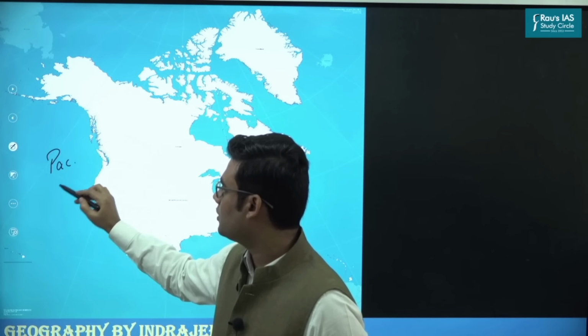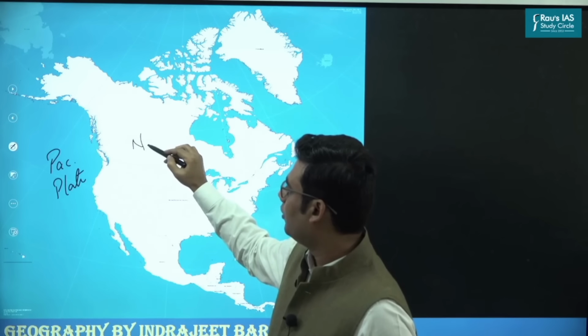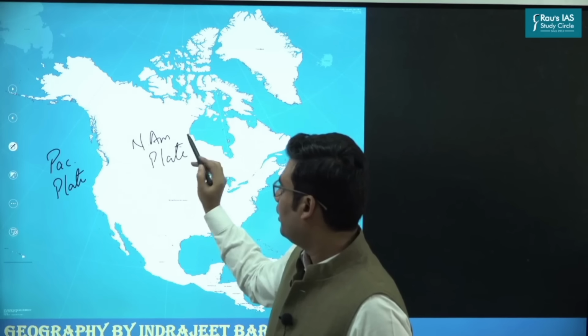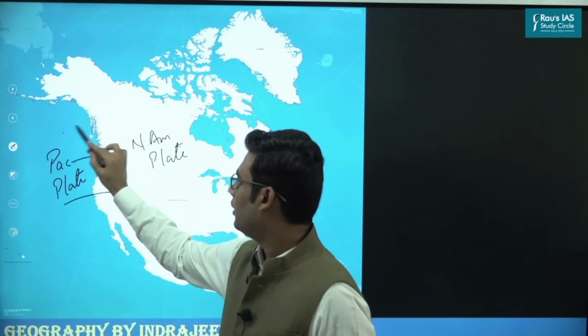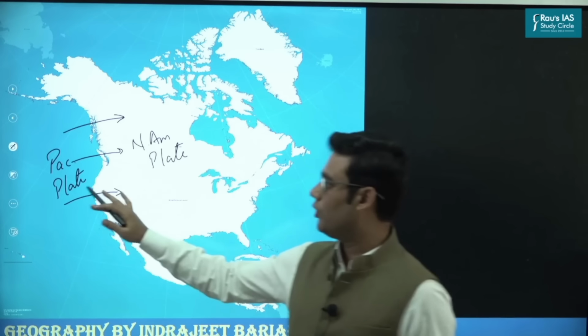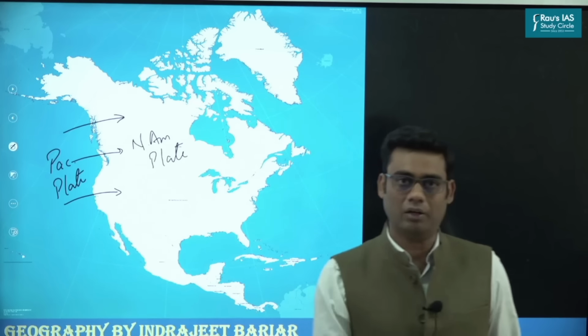have the Pacific plate, on this side I have the North American plate, and effectively there is a convergent boundary present over here, in which the Pacific plate is subducting underneath the North American plate.